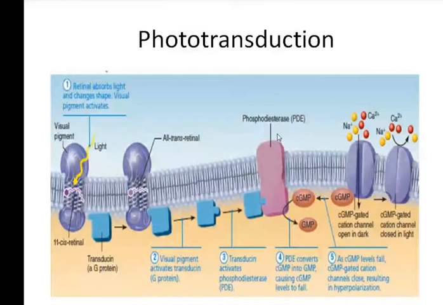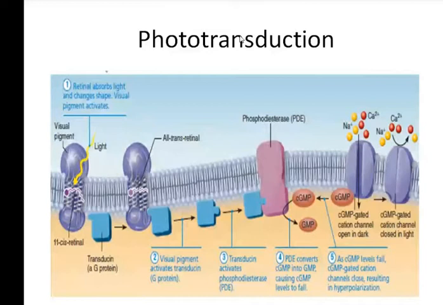So light will strike on these photoreceptors. In this case, the figure is shown for rhodopsin. What is the mechanism going on? How is one form of energy converted into another form, and how is the information passed on?